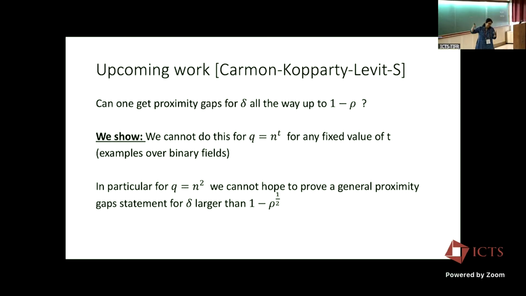So maybe it is weak evidence. If we could get great proximity gap statements, I think it would have implications for list decoding. But this negative result doesn't directly give it, though they're closely connected.